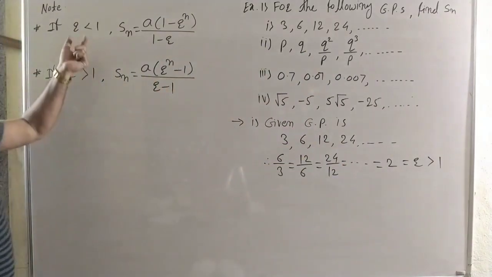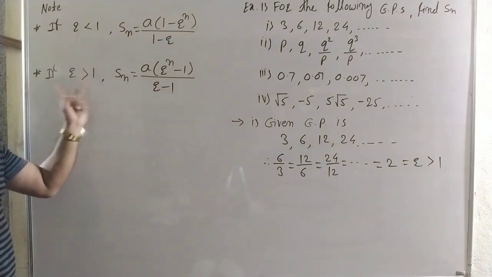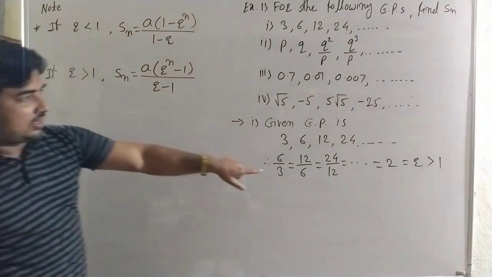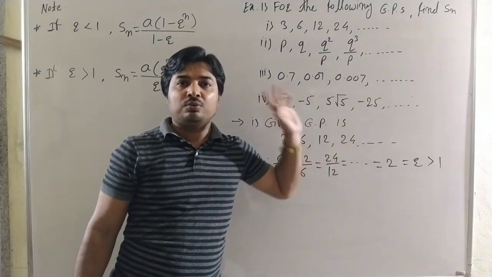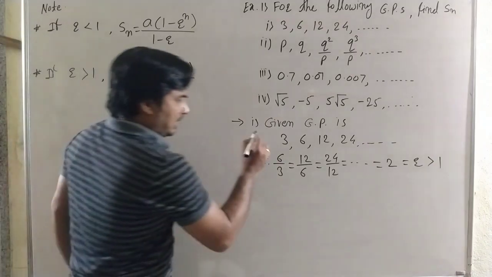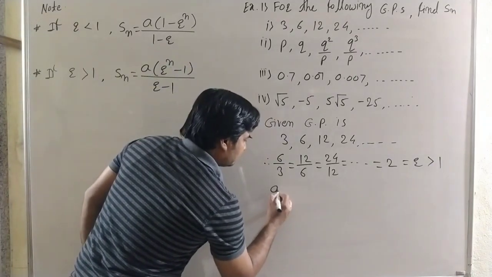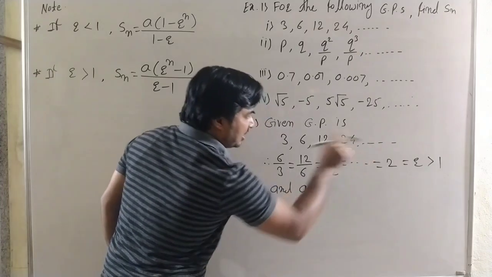There are two formulas, for r less than 1 and r greater than 1. The common ratio is 2, and 2 is greater than 1, so we use this formula. Here a is equal to 3 and r is equal to 2.